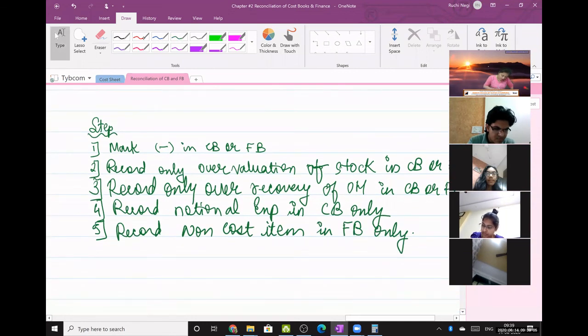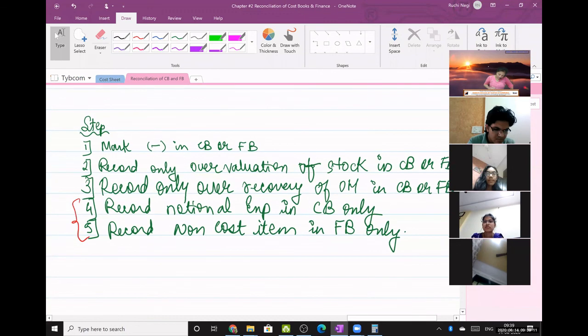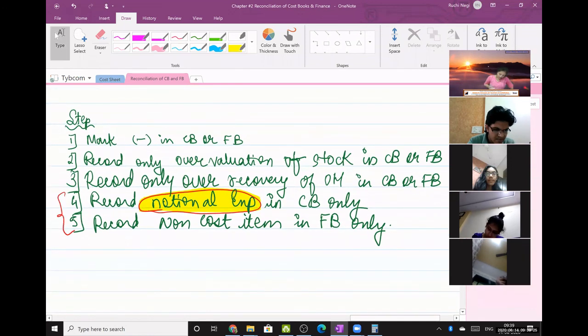This is what you have to remember. This too will depend on the question. Notional expenses are estimated expenses, that is why they will come only in cost books. Non-cost items, you know, do not appear in cost books, so that means they will appear only in finance books.